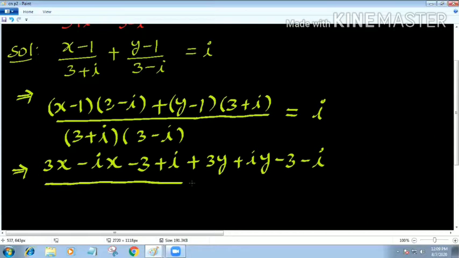So this is the numerator, and the denominator is in the form (a plus b) into (a minus b), which will be equal to a square minus b square. Here 3 square minus i square, and the right side as it is, 1.